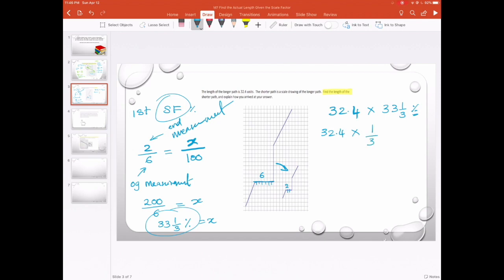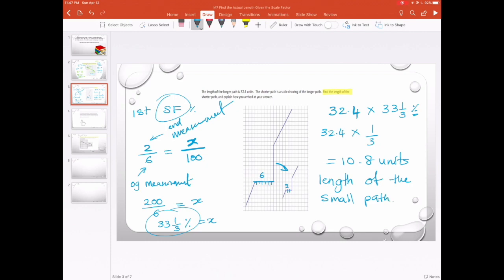Now I have to multiply this. If I multiply 1 times 32 and 4/10 divided by 3, it is going to be equal to 10 and 8/10 units, and this is the length of the small scale drawing, the small path.